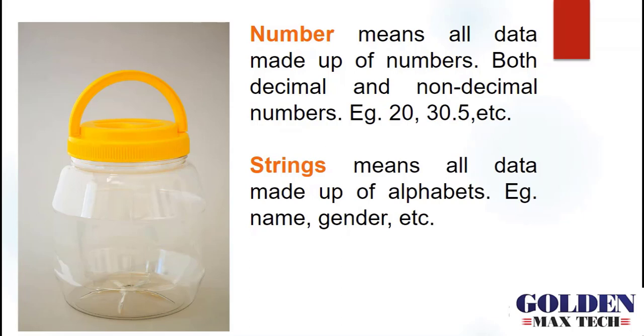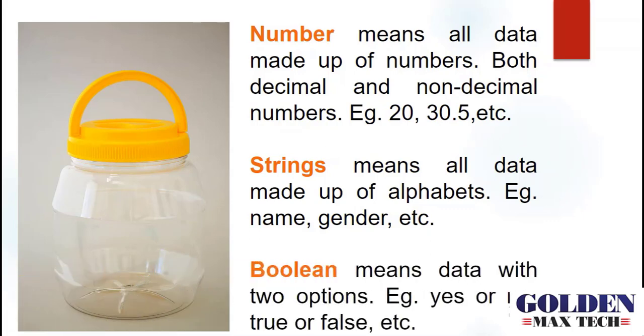A string data type means all data made up of alphabets. Examples: names, gender, etc. And I also mentioned Boolean values. Boolean data type means data with two options. Examples: yes or no, true or false, etc.